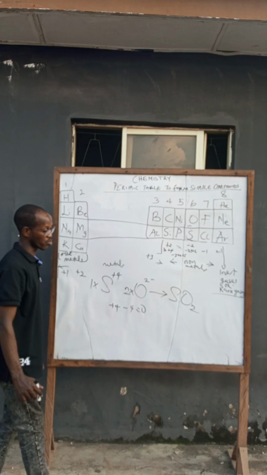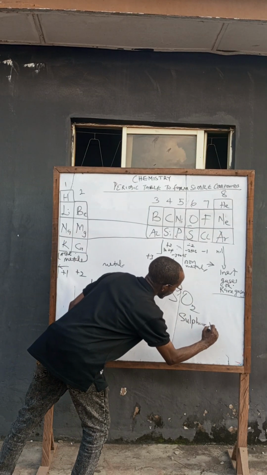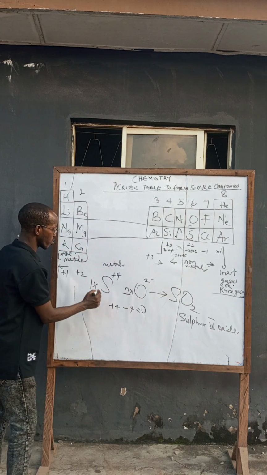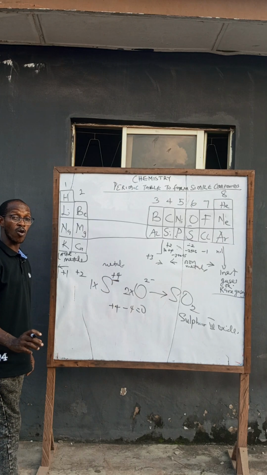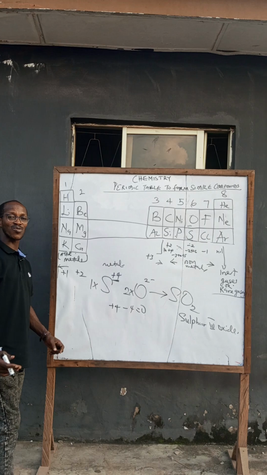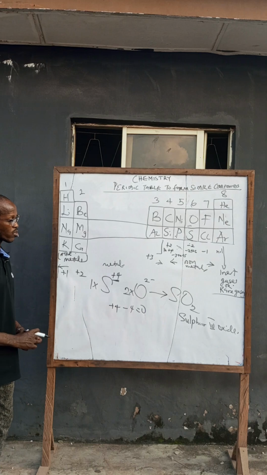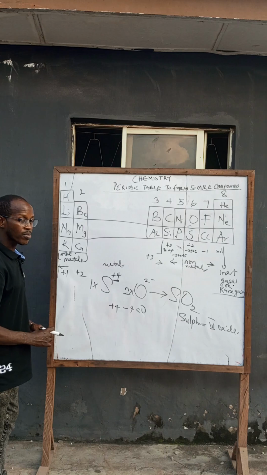And when you have SO2, what do you call it? Sulfur 4 oxide. Why? The sulfur we use is +4. That's why we call it sulfur 4 oxide. In my class, when we do IUPAC naming and oxidation numbers, you will understand it more. Sulfur oxide is also part of IUPAC naming, but it's just the name of this compound.